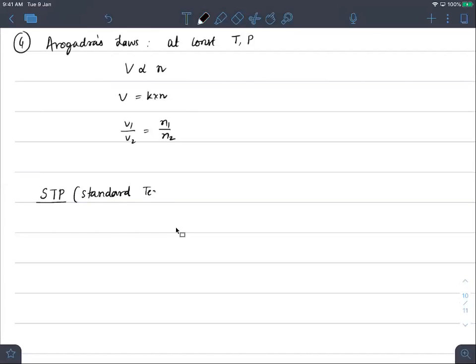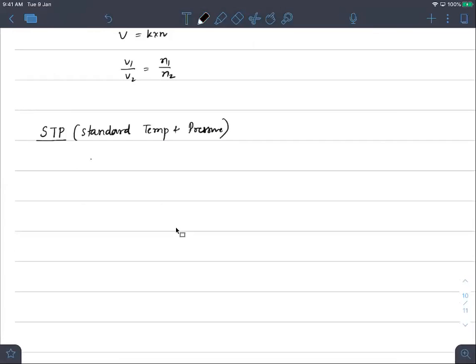Standard temperature and pressure. What has been found is that if I take 1 mole of a gas, the volume occupied by the gas is found to be 22.4 liters at a temperature of 273 kelvins, which is nothing but 0 degree centigrade, and pressure being 1 atm.